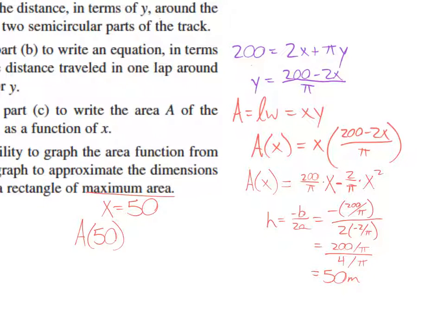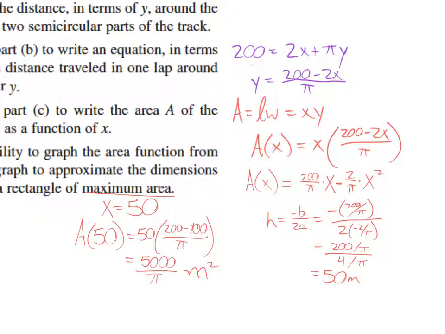If I plug in 50, I get 50 times 200 minus 2 times 50, which is 100, all over pi. So that's 50 times 100, 5,000 over pi square meters.